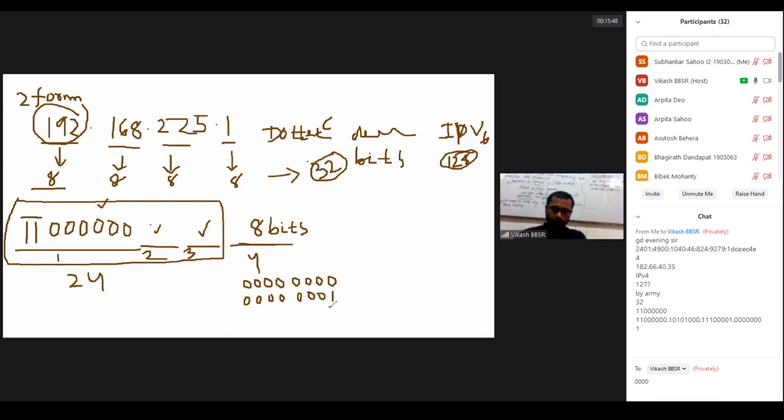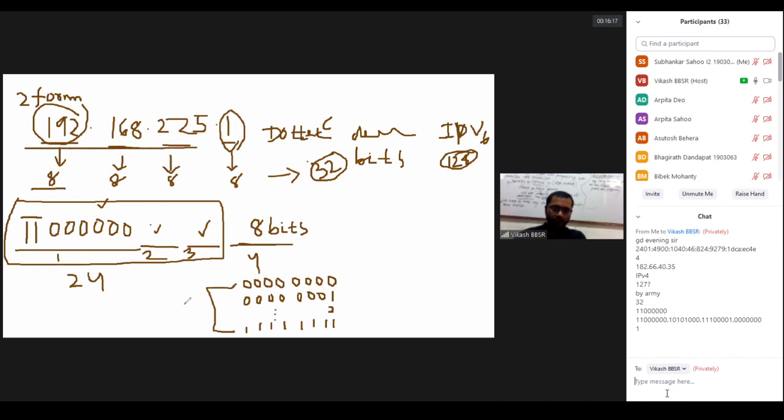Next will be 2. Yes or no? So like this, the last one will come as all 1s: 1, 1, 1, 1, 1, 1, 1, 1. This is the last part, the fourth part. These other parts are fixed, I am not discussing them.